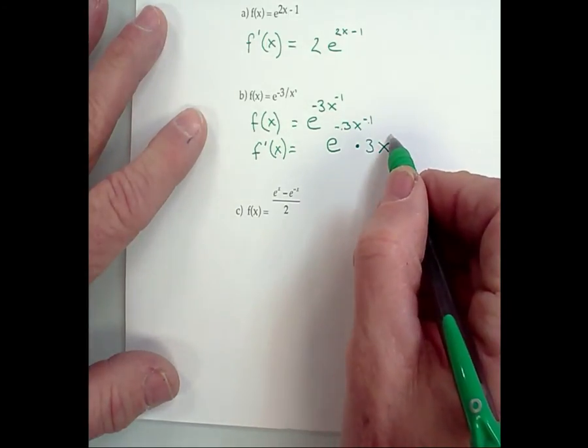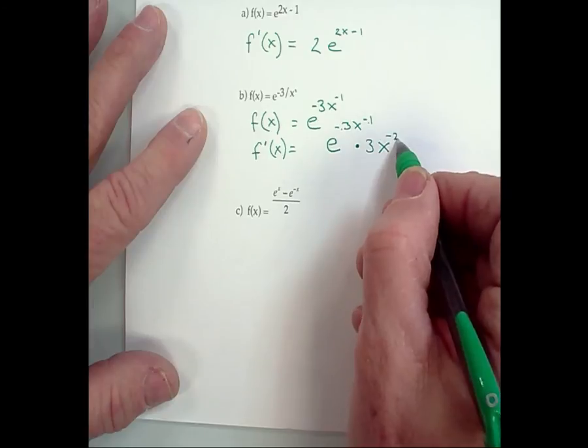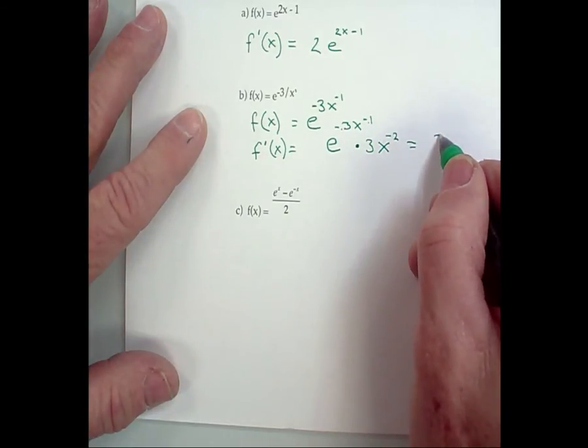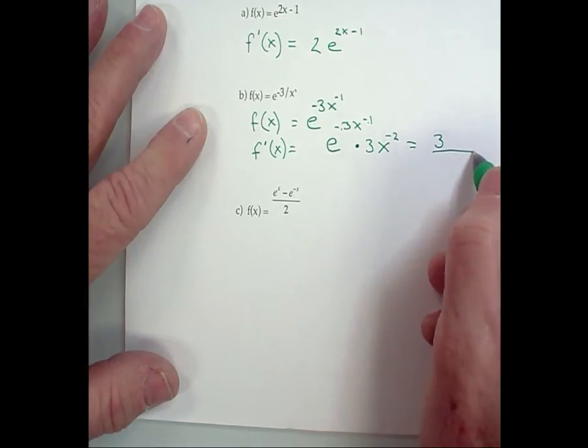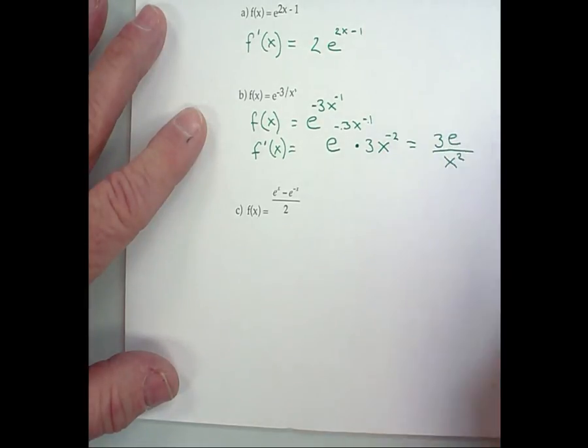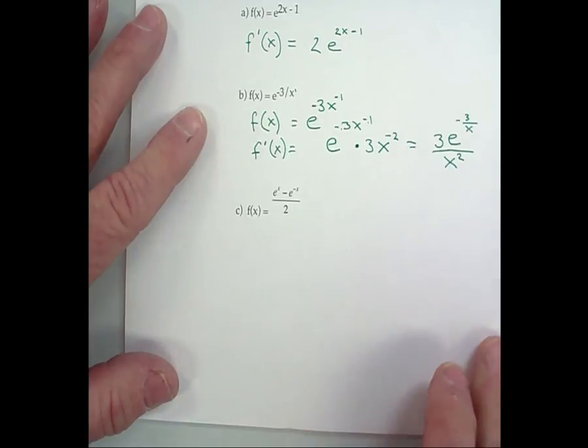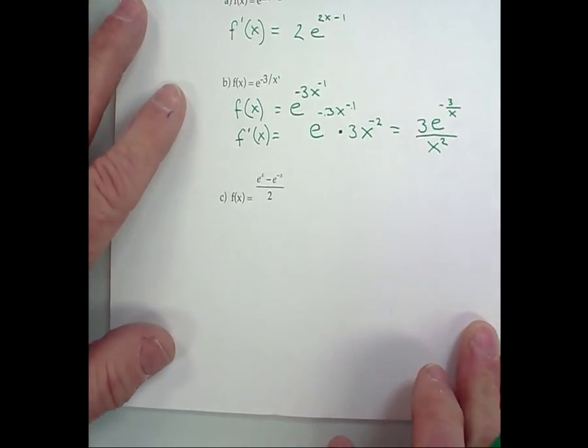And it's going to have a power of what? Negative 2. Very good. So now I can rewrite this as 3 over x squared, correct? And then e to the negative 3 over x. So that would be my simplification.